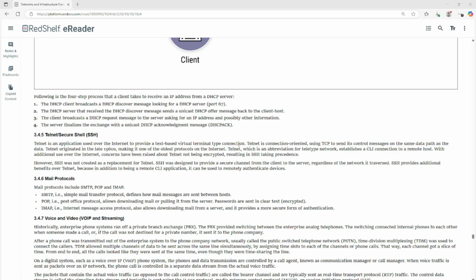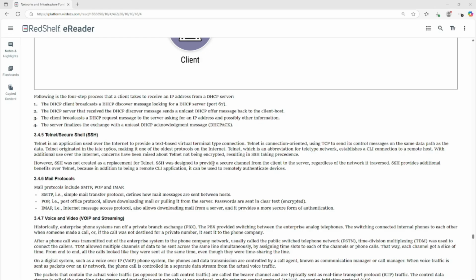Port 23. It is connection oriented and it leverages TCP to send its control message on the same data path as the data. You might want to keep that in mind.